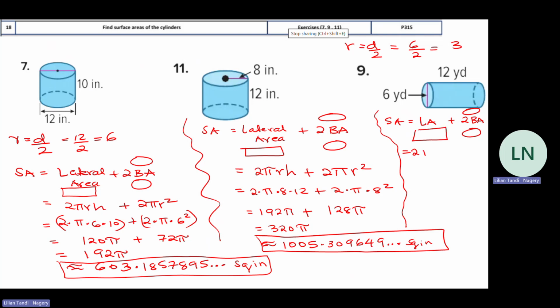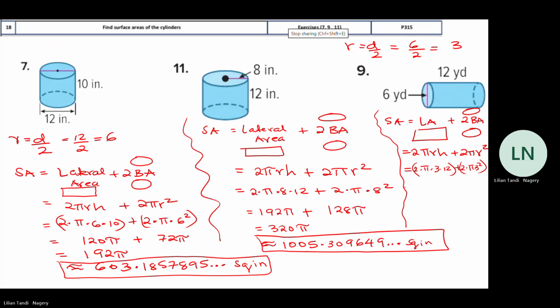This gives me 2 pi r h plus 2 pi r squared. Then I put my values. So my values will be 2 pi 3 and 12, plus 2 pi 3 squared.